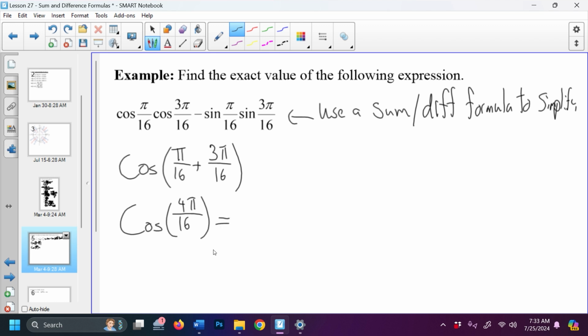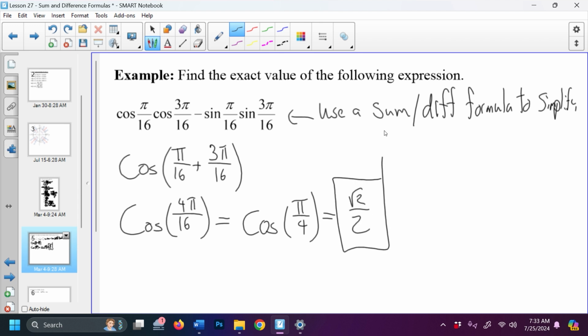That thing simplifies. The cosine of, I can divide a 4 out of the numerator and the denominator, which will give me pi over 4. This thing is on the unit circle, which would give me square root of 2 over 2. We put a box around that and we are finished.